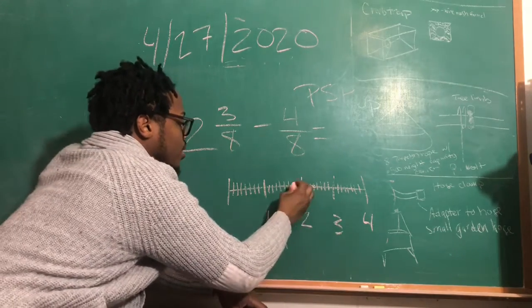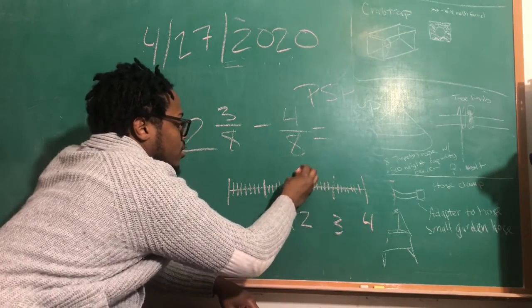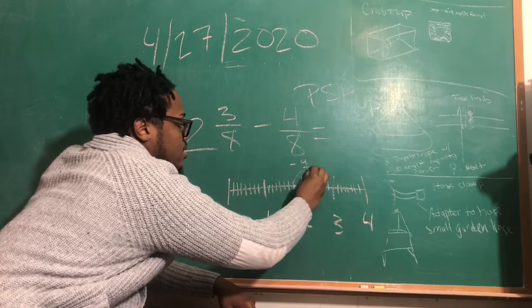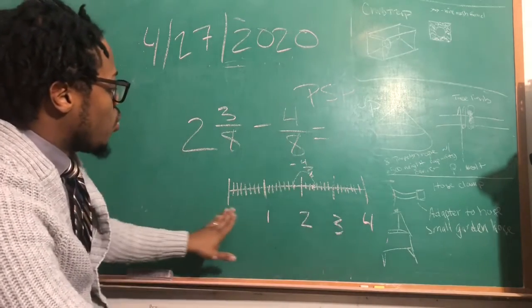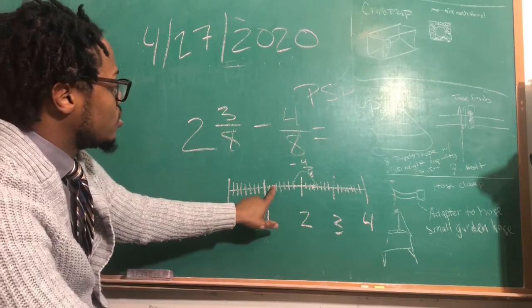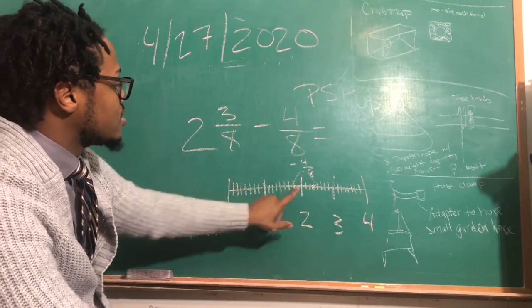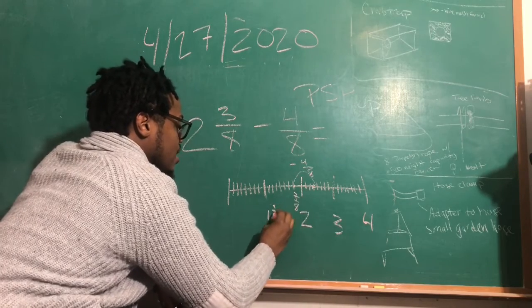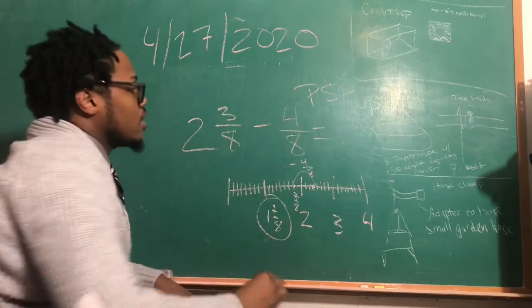Our dot belongs here, and I like to always put a little line here so we can see I subtracted the 4/8. That is 1 whole, and 1, 2, 3, 4, 5, 6, 7 eighths. 1 and 7/8, still our answer.